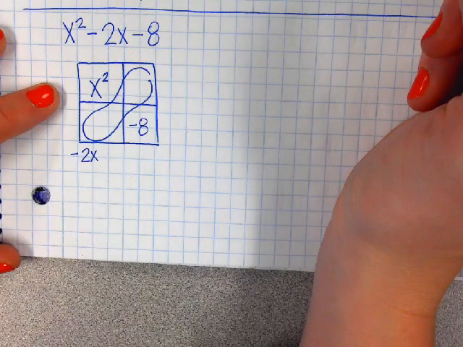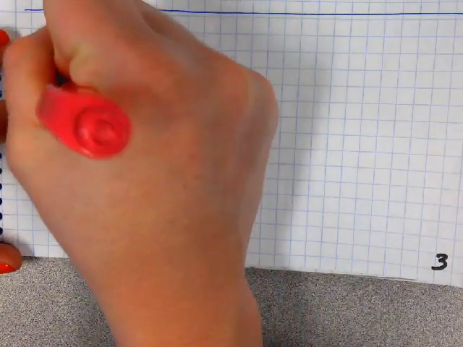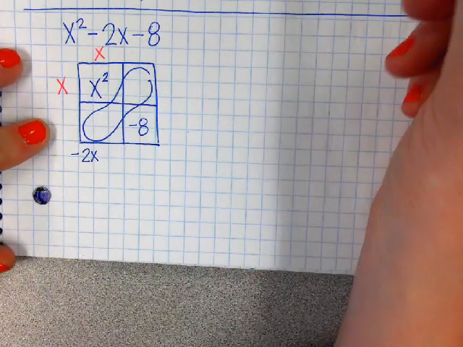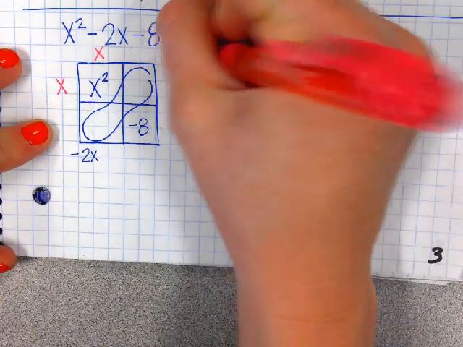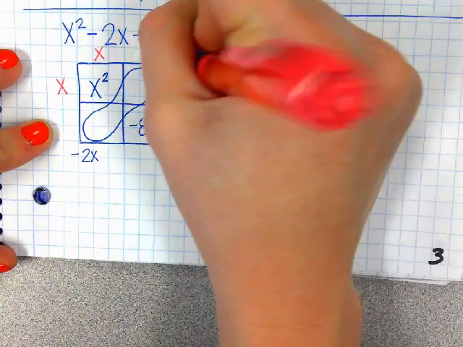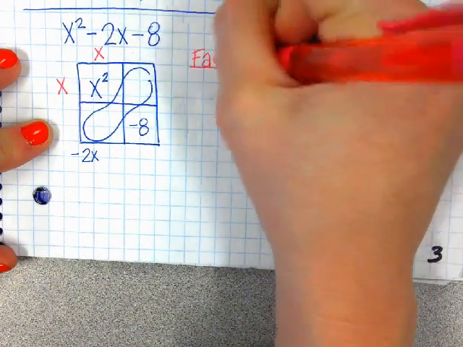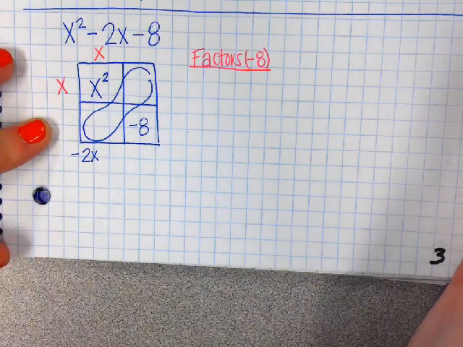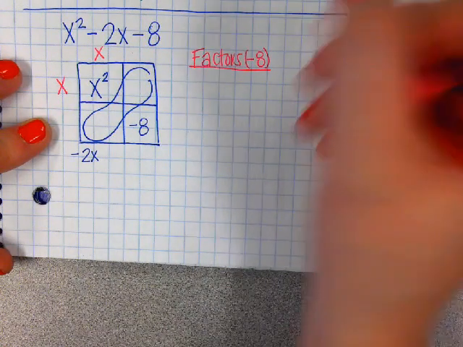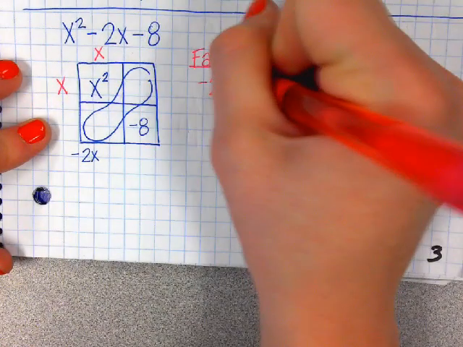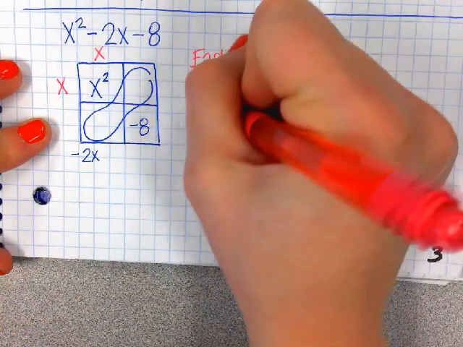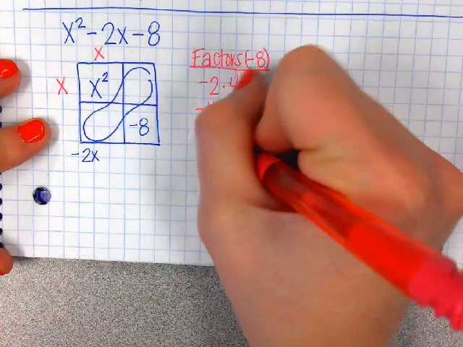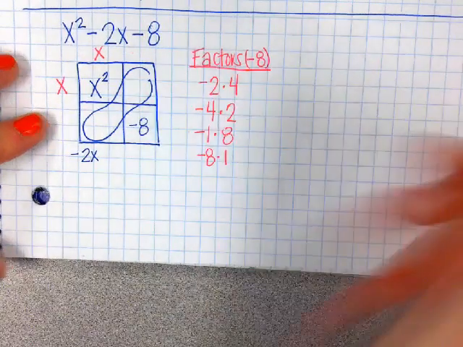Okay? What makes an x squared? x times x. Now, you're going to list the factors of negative 8. So you could have negative 2 times 4, negative 4 times 2, negative 1 and 8, negative 8 and 1.